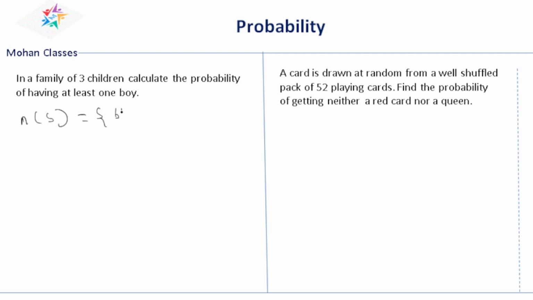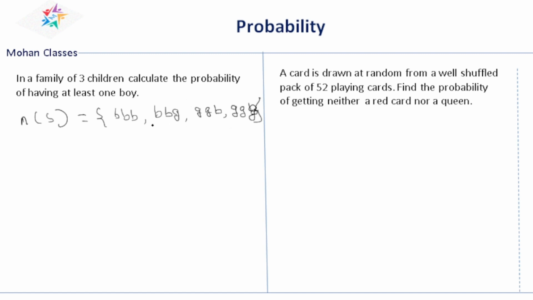So there may be 3 boys, or 2 boys and 1 girl, or 2 girls and 1 boy, or 3 girls. These are all the chances. So there are 4 possible outcomes.